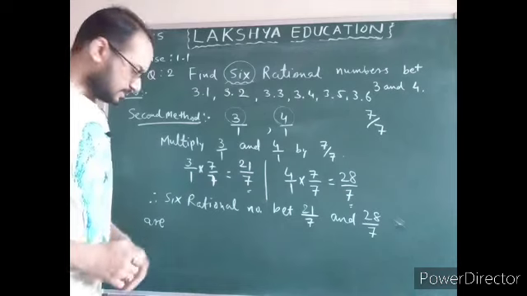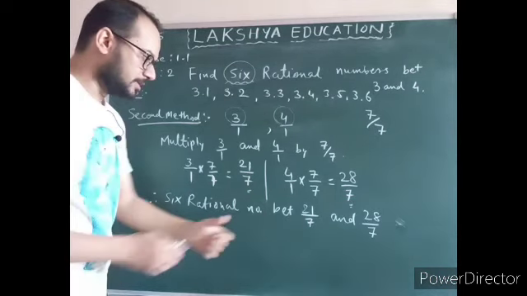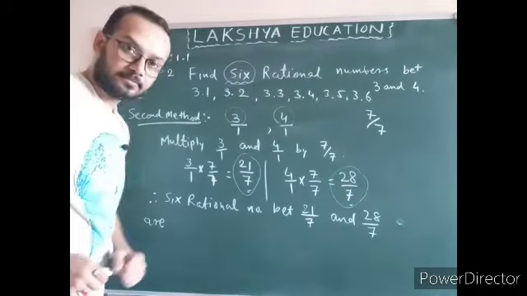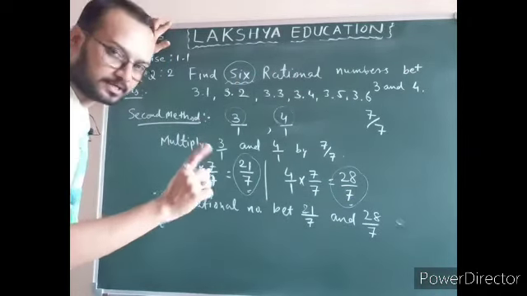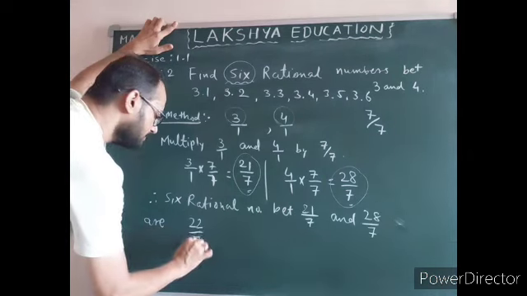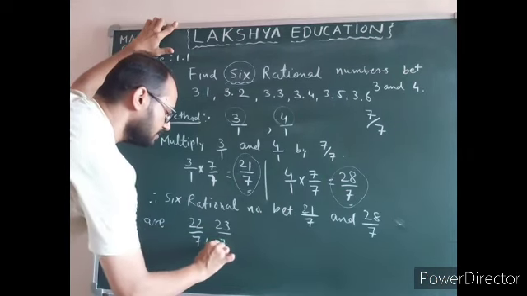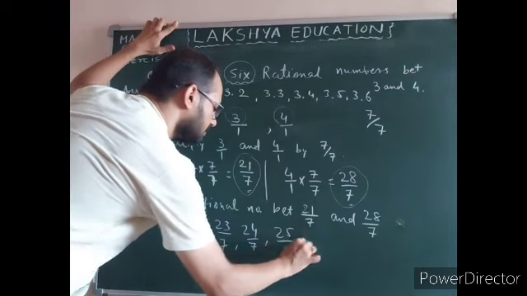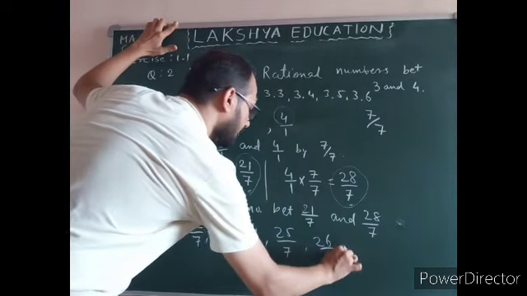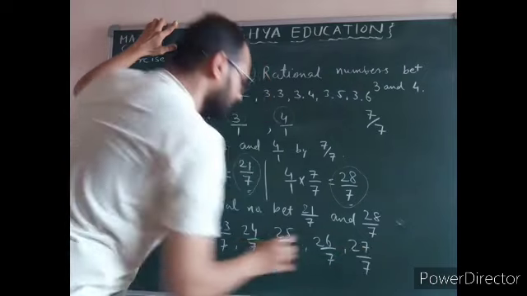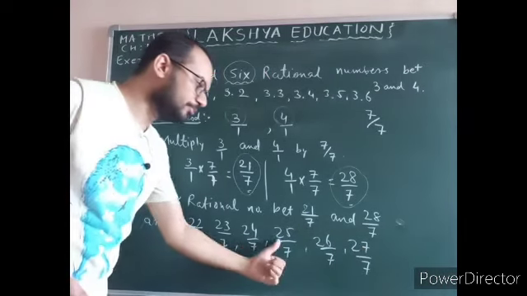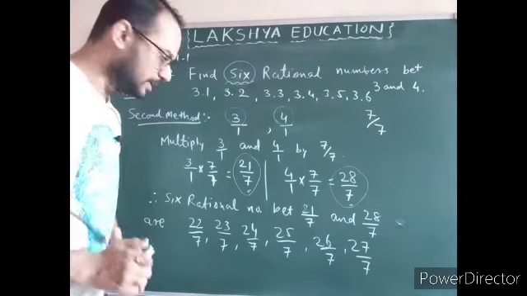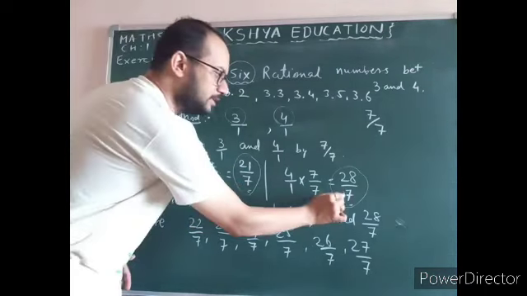Therefore, we can write that 6 rational numbers between 21 by 7 and 28 by 7 are, after 21, 22 by 7, 23 by 7, 24 by 7, 25 by 7, 26 by 7 and 27 by 7. You can see here 1, 2, 3, 4, 5 and 6. These 6 numbers are the rational numbers between 21 by 7 and 28 by 7.